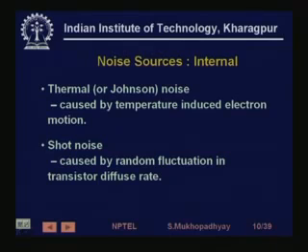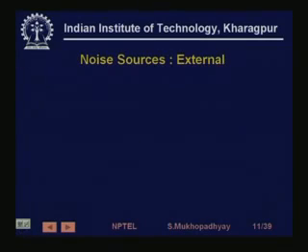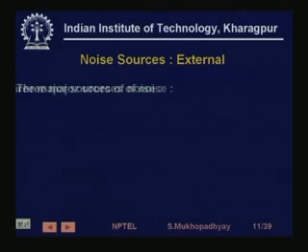We will not focus so much on these kinds of noises, because firstly they are inevitable, and secondly their levels are not that high. In fact, these noises are very important for very low level measurements, but much stronger noises can come in from various external sources, and they are also relatively easier to prevent.